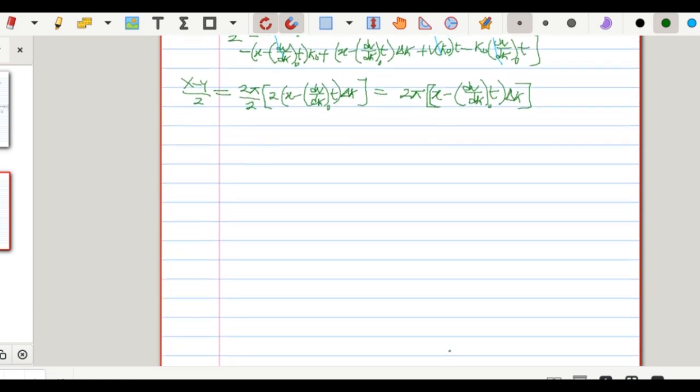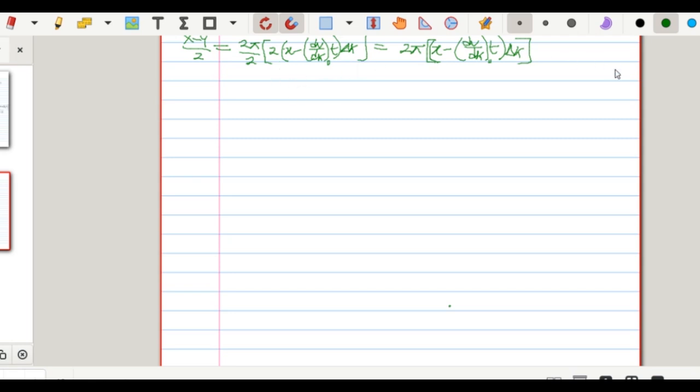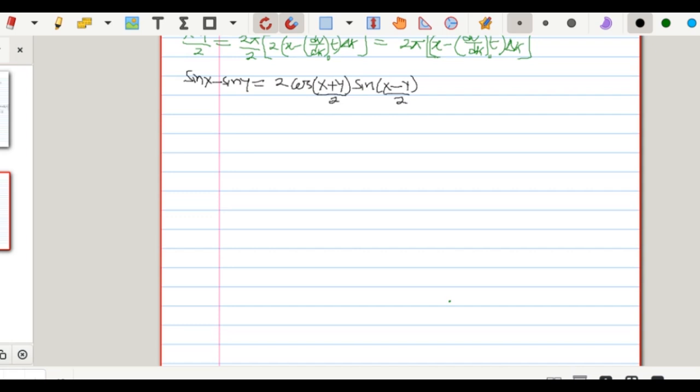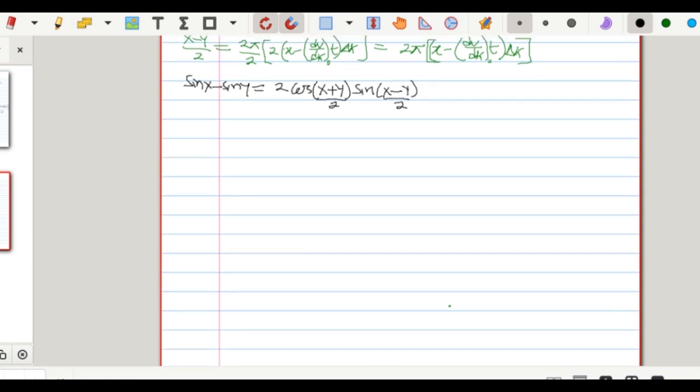So but remember, we are going to substitute this into this formula. So substituting that now, remember our x plus y over 2 was equal to, going to be 2 into cos 2 pi into k naught of x minus v k naught of t.